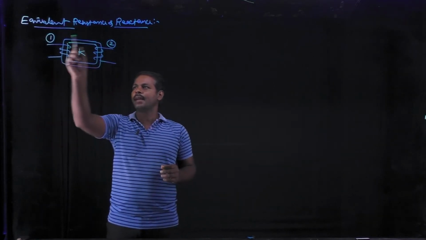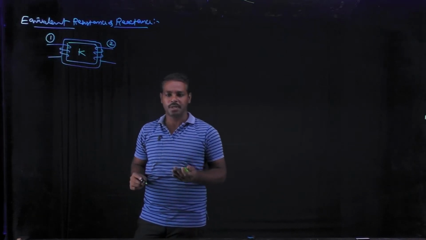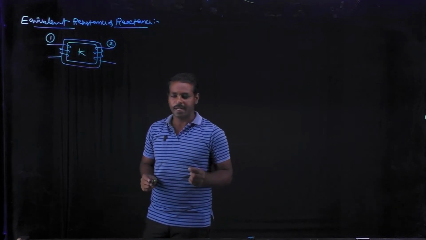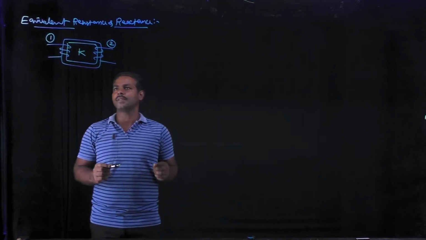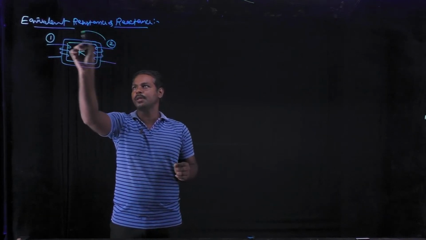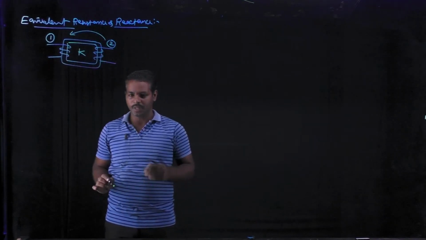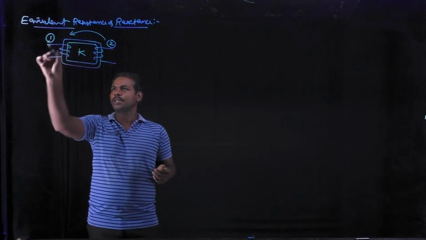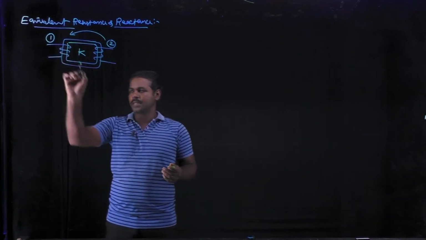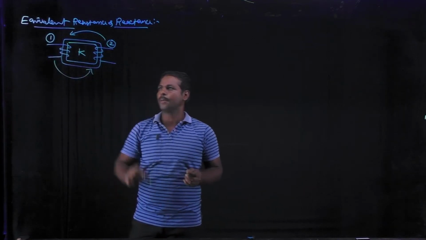So these two independent circuits are to be converted into a single independent circuit. That means whatever parameters exist on the secondary side are to be referred to the primary side. Otherwise, based on our convenience, parameters of the first circuit are to be converted to the secondary side.